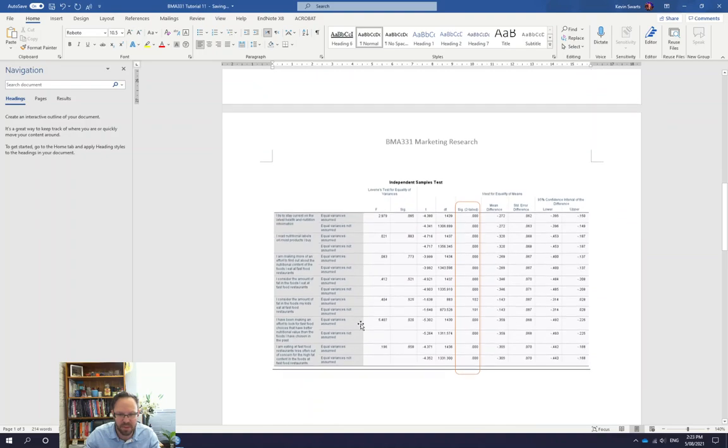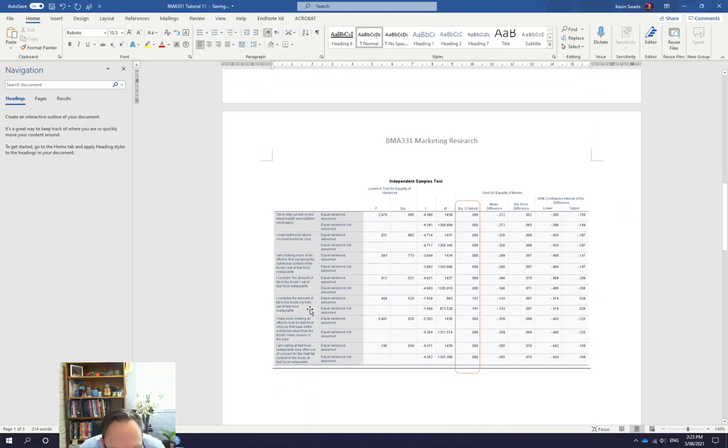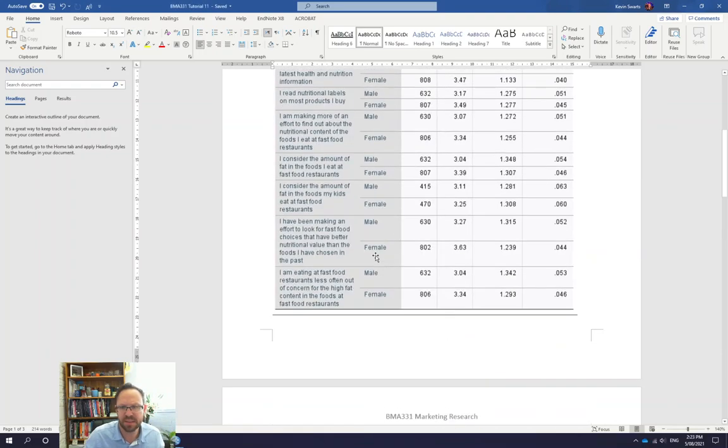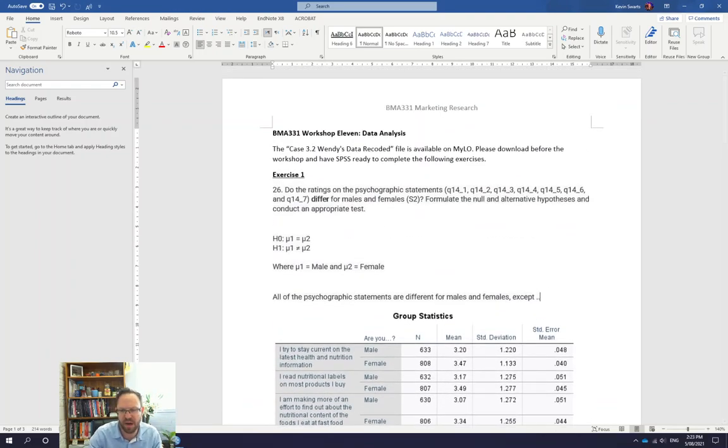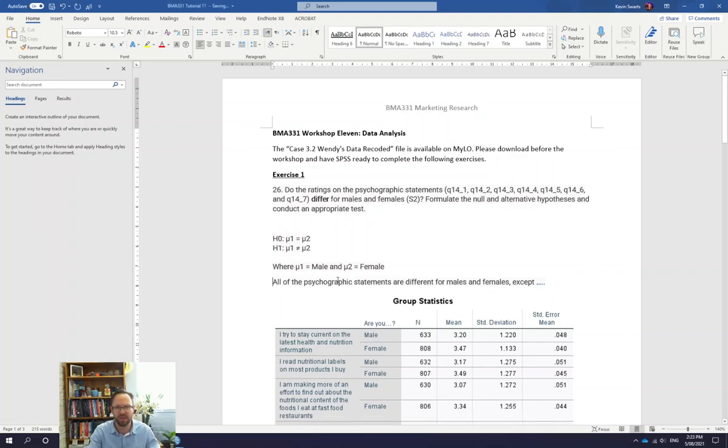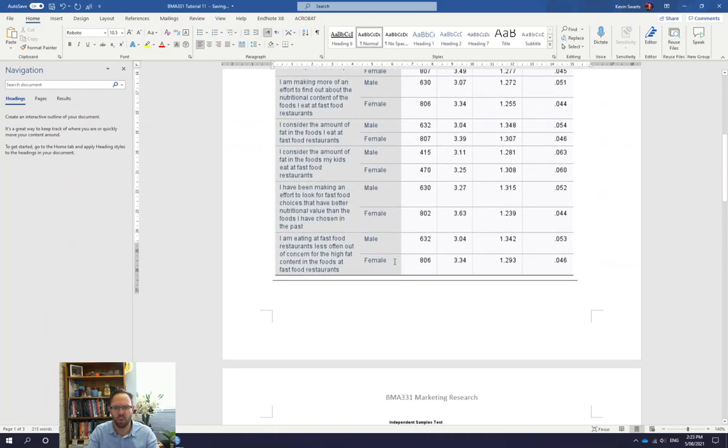I can't even remember what it is. It is, I consider the amount of fat, blah, blah, blah. So for simplicity's sake, except, and then you'd write that. I don't want to tell you exactly what to write in there, because part of the skill and part of you demonstrating you know what you're doing is being able to do the analysis and then explain what that means. If you can do the analysis but you can't explain what it means, then you don't fully understand it, all right? So that was exercise 1.